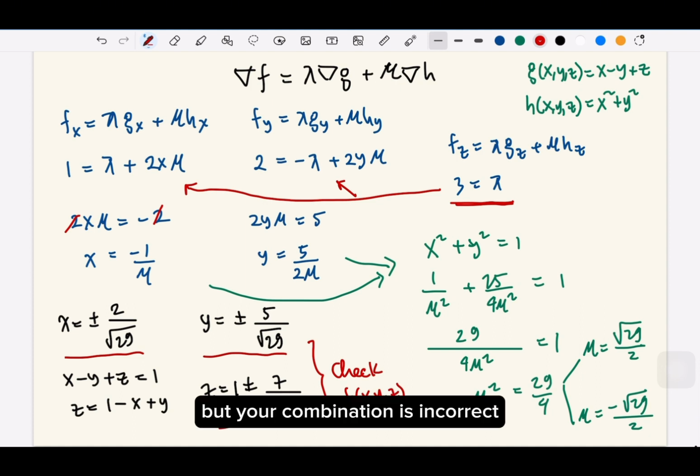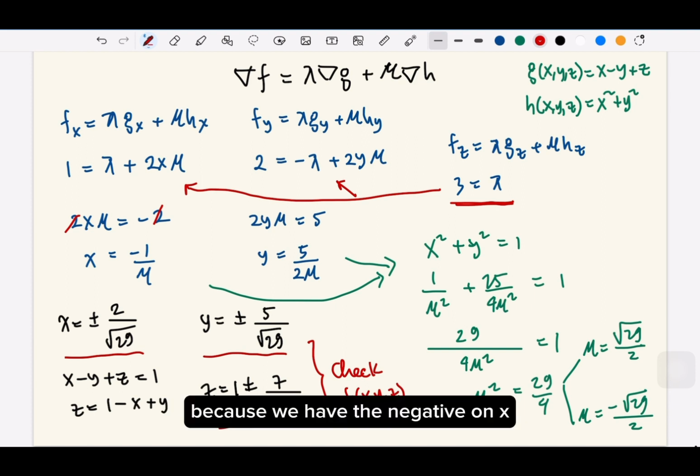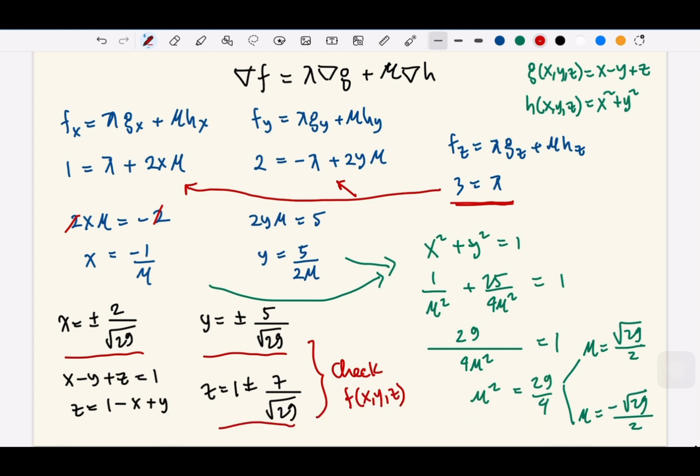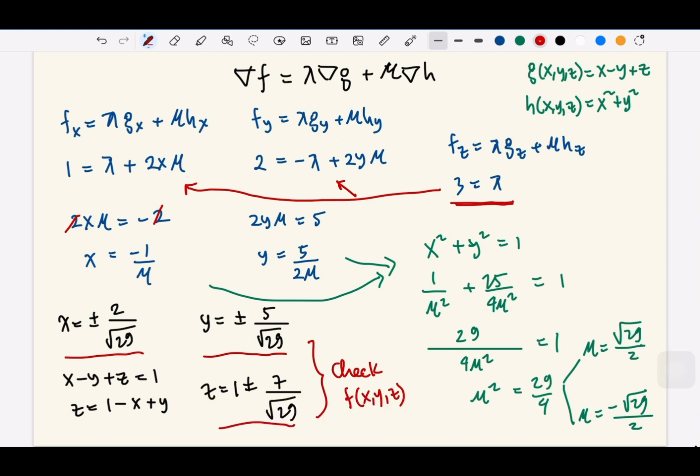But your combination needs to be correct. For example, because we have the negative on x, when mu is positive, x is negative. But y is positive. So x negative, y positive, and then z also has another sign. You need to check, and the combination needs to be correct.